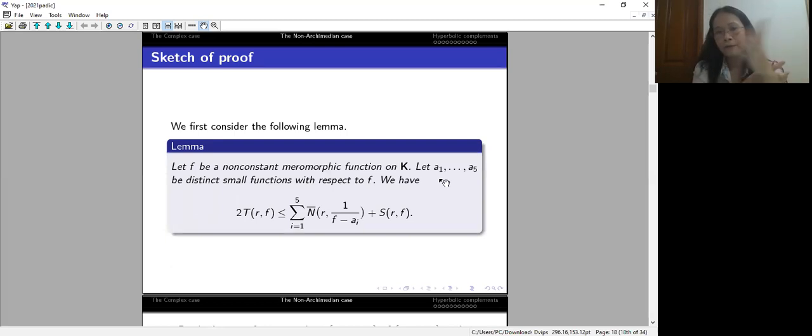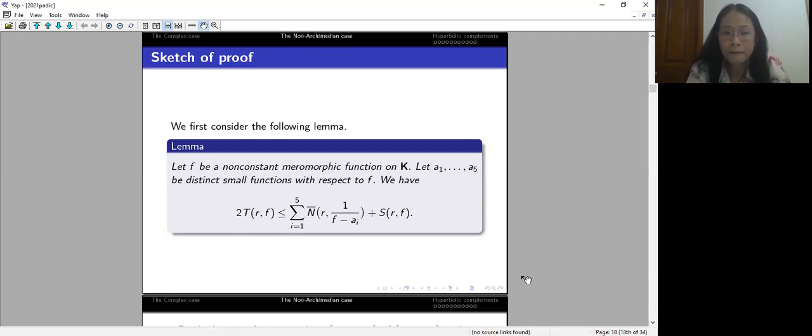Then he can transfer all of the small functions into constants, and then can apply the second main theorem. But we want to improve a little bit, so we replace dividing by 3 functions with dividing by 5 functions, and then we need to do quite a lot here to get similar to what Alan gets. But all of the idea comes from Alan's paper.